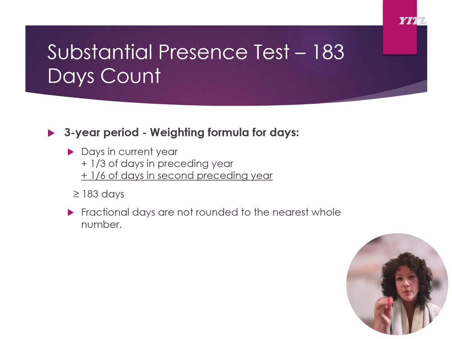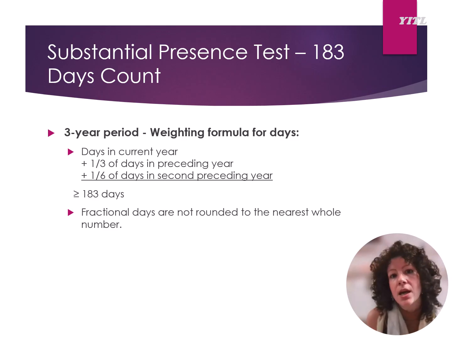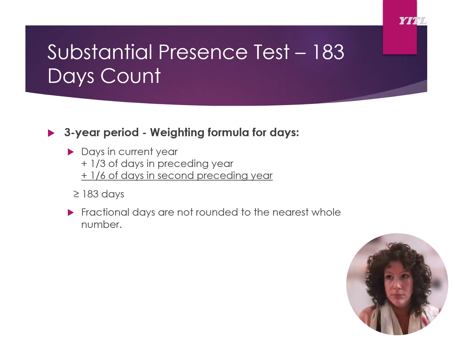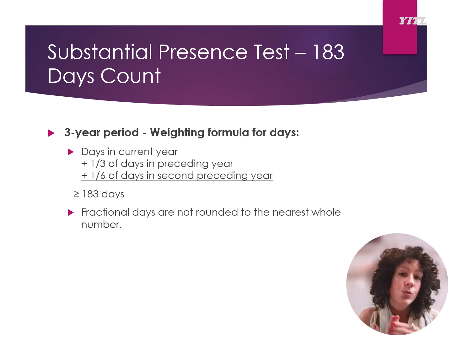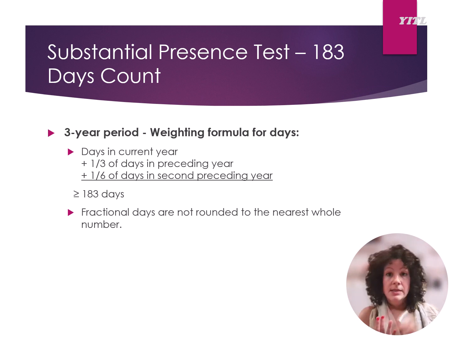Now, how do we count days in this 3-year look back period? Well, we are going to use different coefficients per year. So the current year, each day of presence will count as one full day of presence. In the previous year, each day of presence will count as 1/3 of a day of presence. And then in the second previous year, so -2, each day of presence will count as 1/6 of a day of presence.